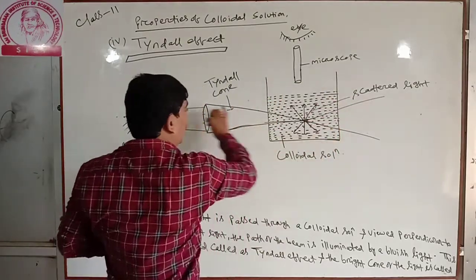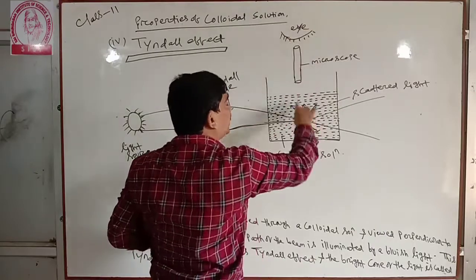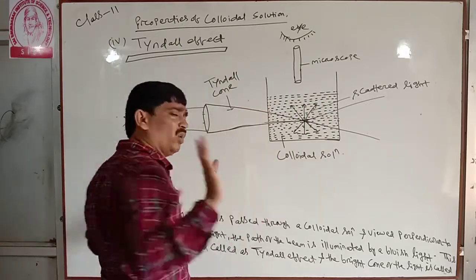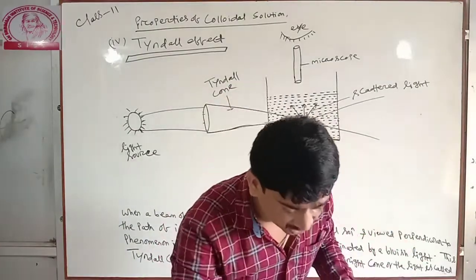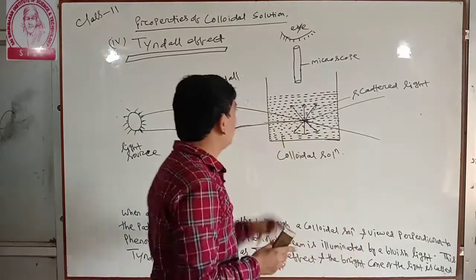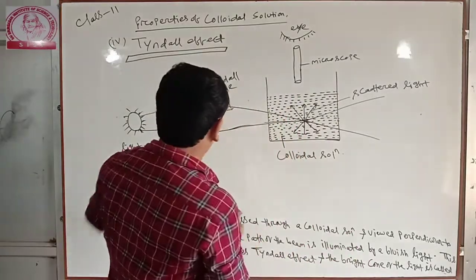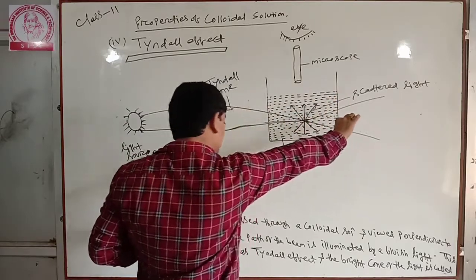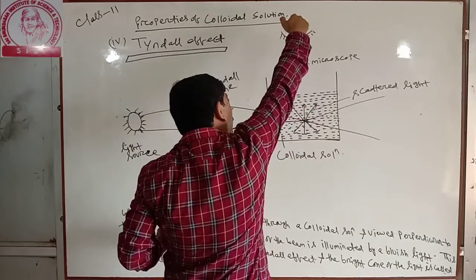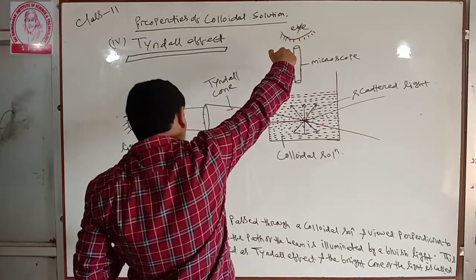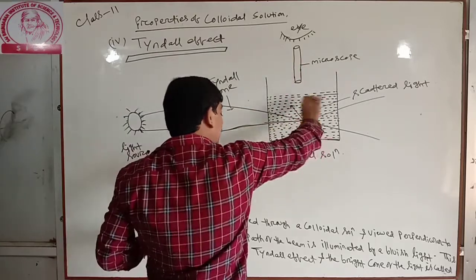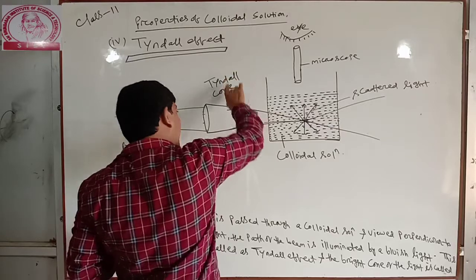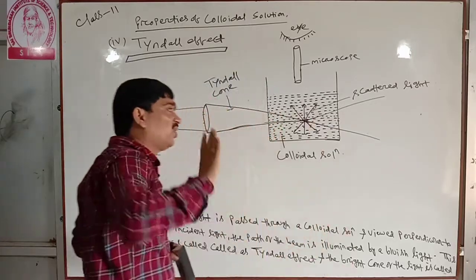In a colloidal solution, when a beam of light is passed and viewed perpendicularly, scattering of light occurs and a blue color is seen. This cone of light is called the Tyndall cone.